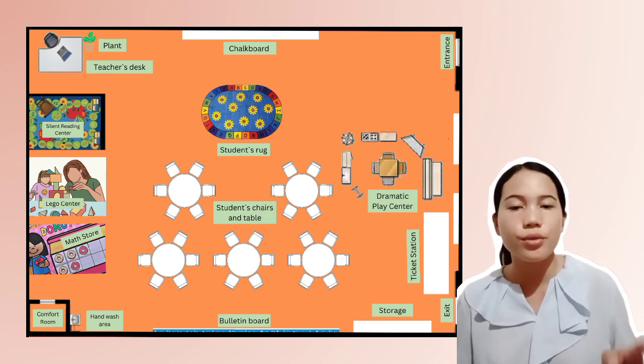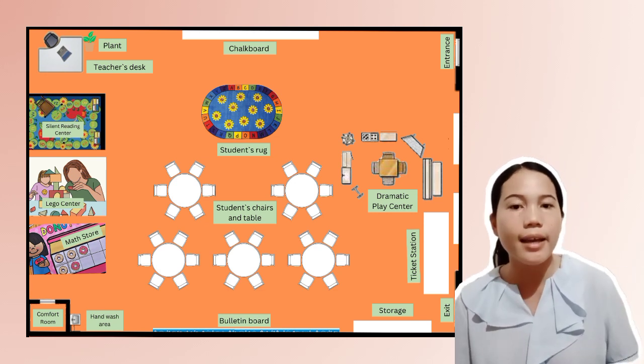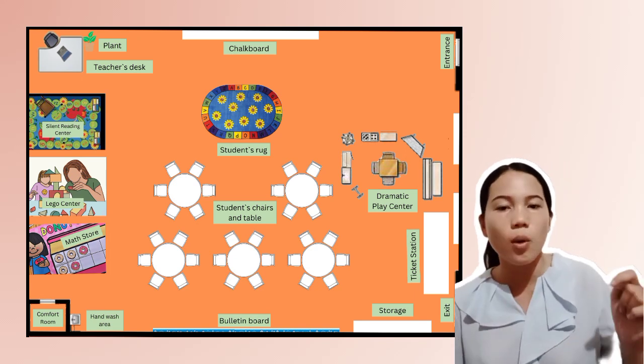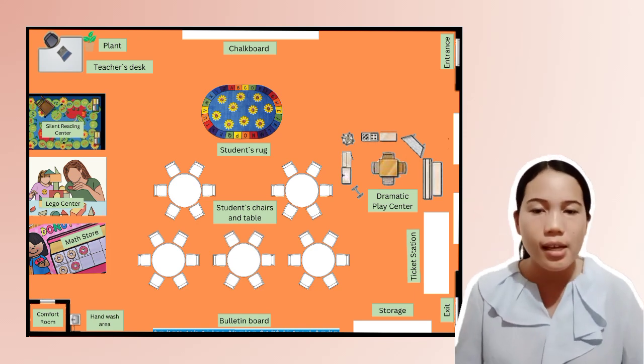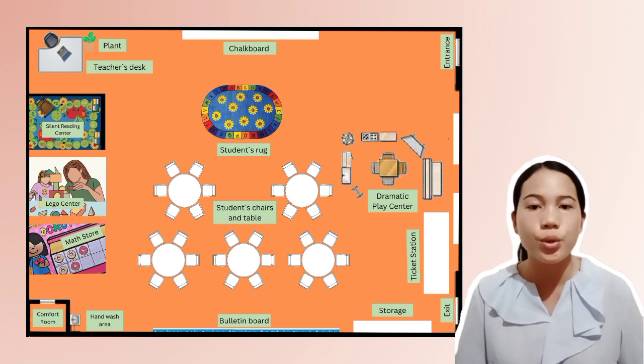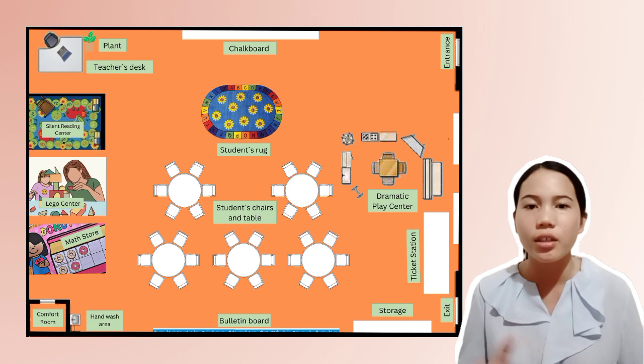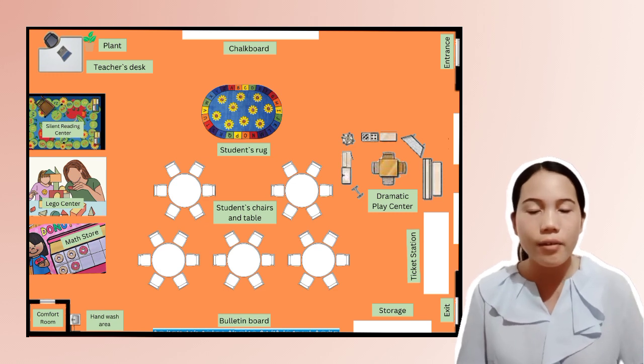There are also 2 doors, which are the entrance and the exit doors. So as you can see, there is also a station ticket. The purpose of this is to collect the learners' learnings or reflections or concerns at the end of the lessons every week.